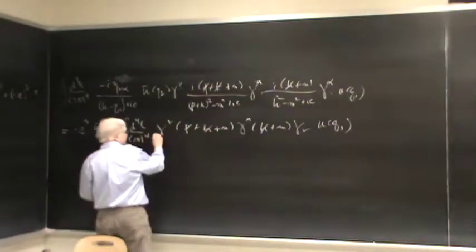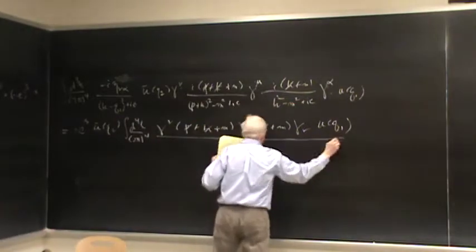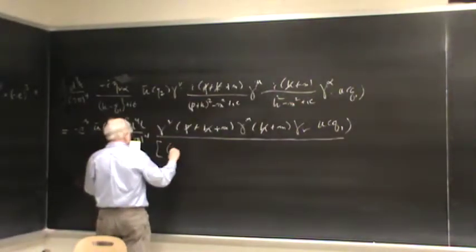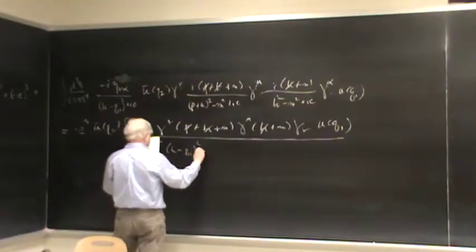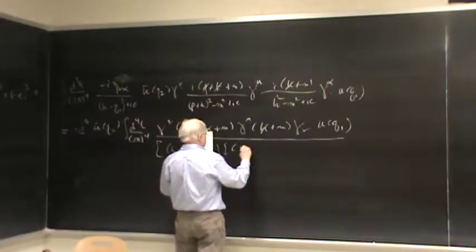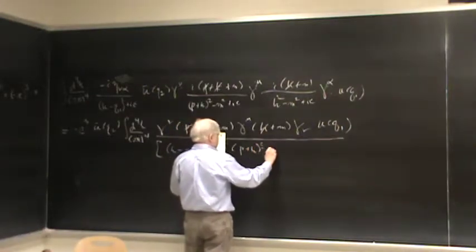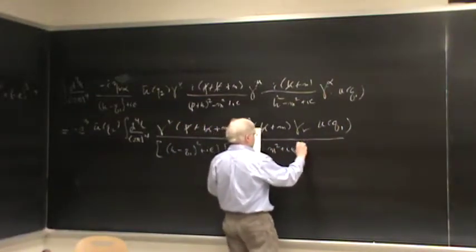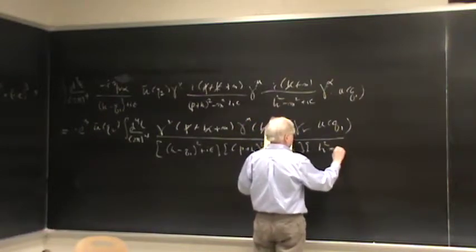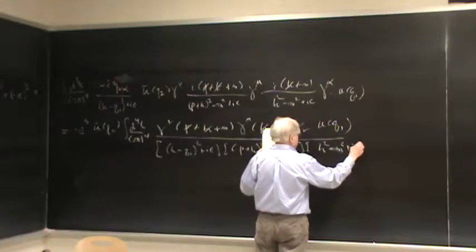And then over here, the big denominator: (k minus q1) squared plus i epsilon, (p plus k) squared minus m squared plus i epsilon, and k squared minus m squared plus i epsilon.